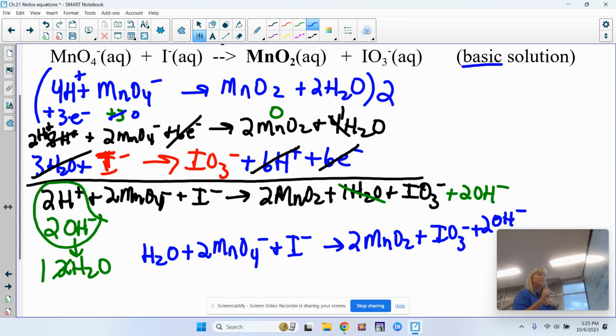And that's completely balanced, and it has the OH minus just on the one side because it's basic.